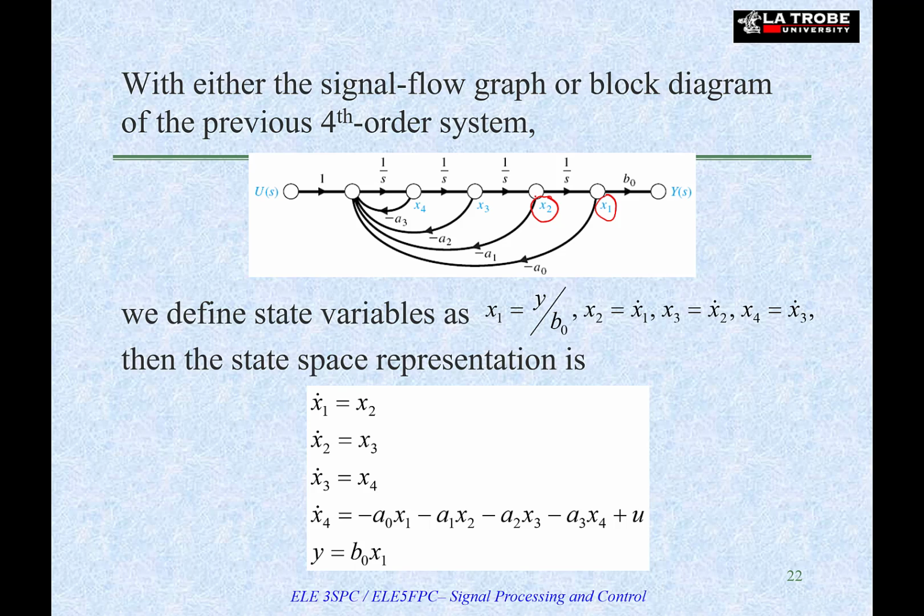Then we move to the third last integrator and we denote x3 for the output node of this integrator. And same for x4. So the rule is we should always specify the state variable for the output node of an integrator.